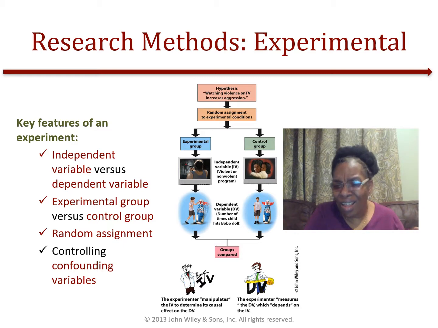These are those other type of variables that might throw a monkey wrench within our research design, but it must be held constant across the experimental and control groups, okay, so that they do not affect different group results. So we would have to work within those different variables. For example, if we looked at age, we would try to make sure that our age range is similar across the board for all participants.